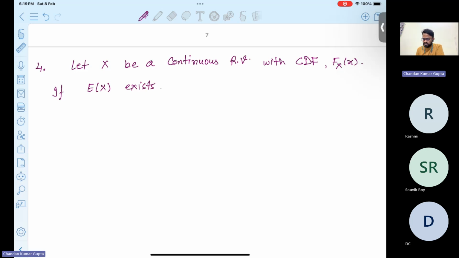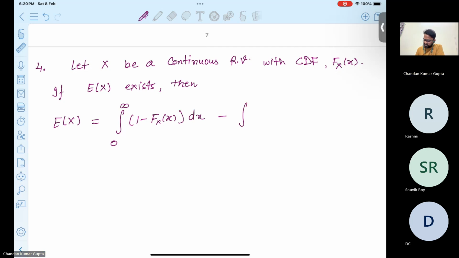If these conditions hold, then we can define the expected value of X as the integral from 0 to infinity of 1 minus F_X(x) dx, minus the integral from minus infinity to 0 of F_X(x) dx. This is one more formula to calculate the expected value of a random variable X when we are given the cumulative distribution function.